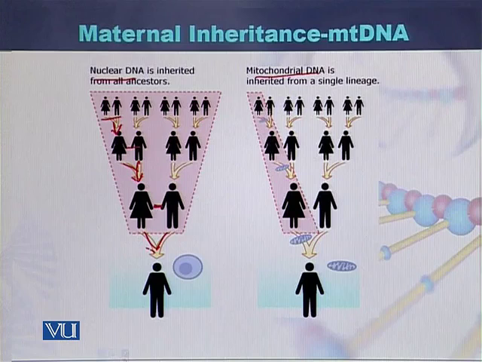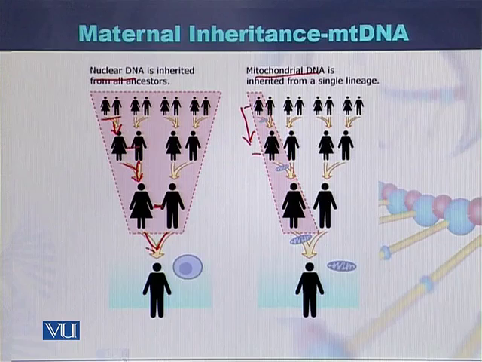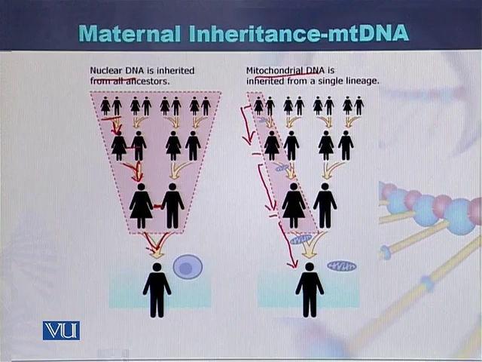But in the case of mitochondrial DNA, it is transferred from the mothers. This mother has transferred the DNA to her daughter, and this daughter has transferred the DNA to her son.